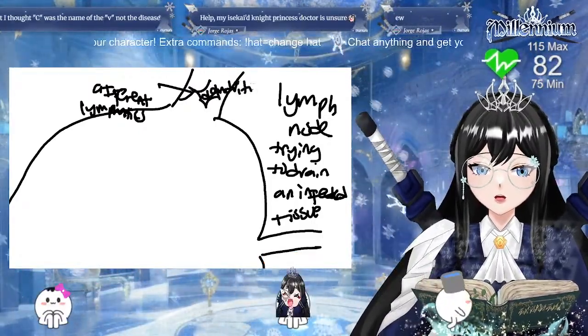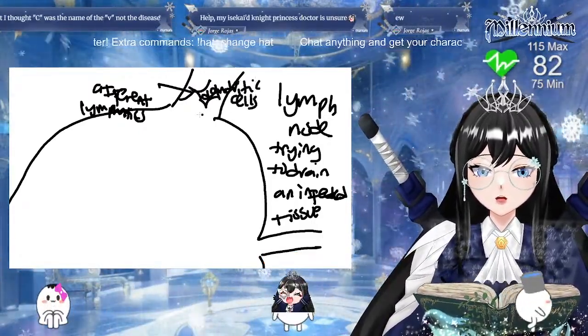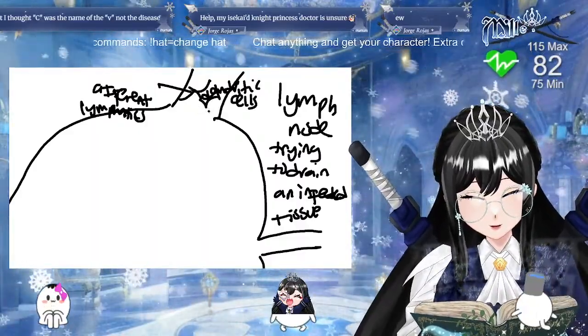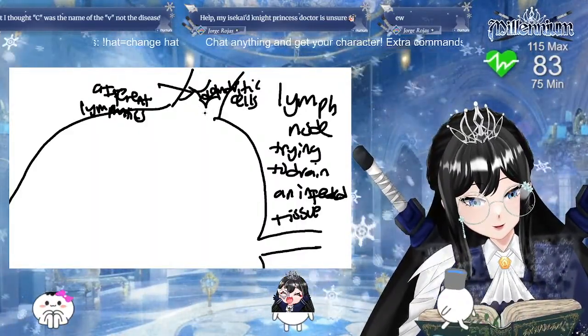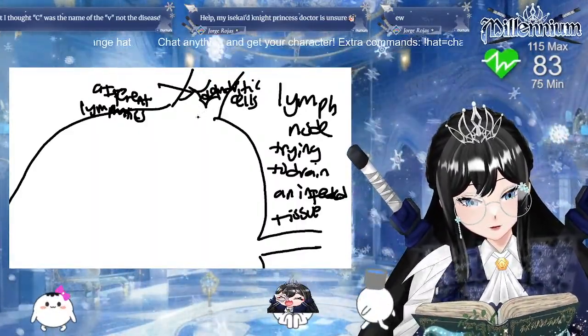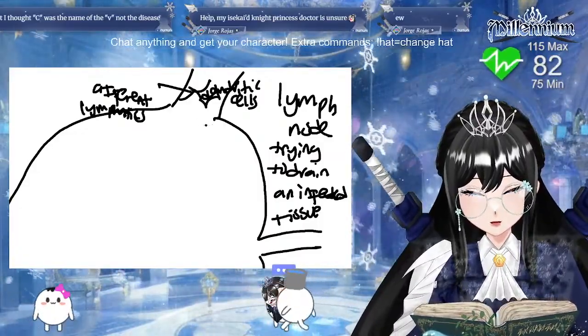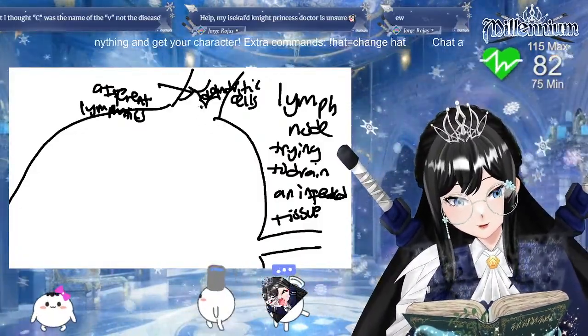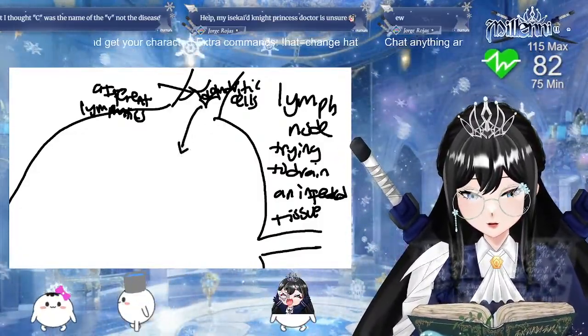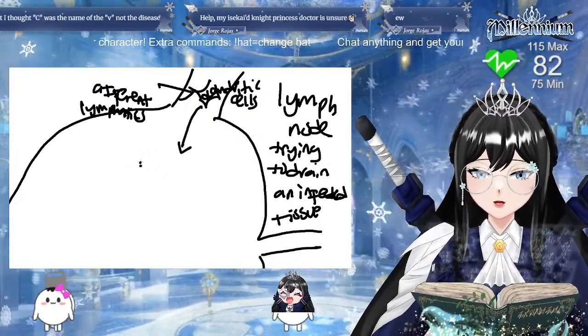I know, but this is what's happening inside the body. Dendritic cells carry the microbial antigens, enter through the afferent lymphatics, and interact with the T cells. Now they talk.